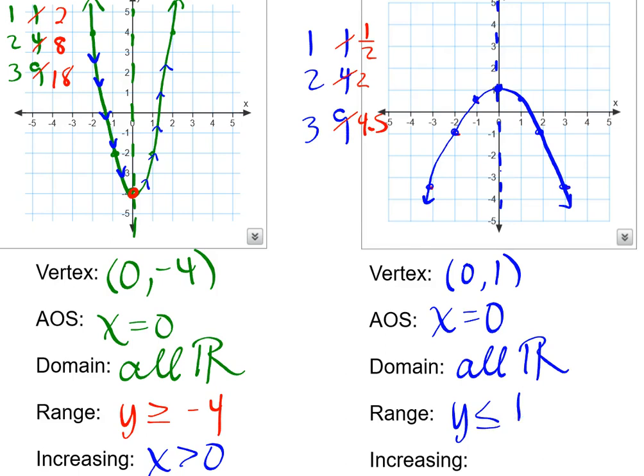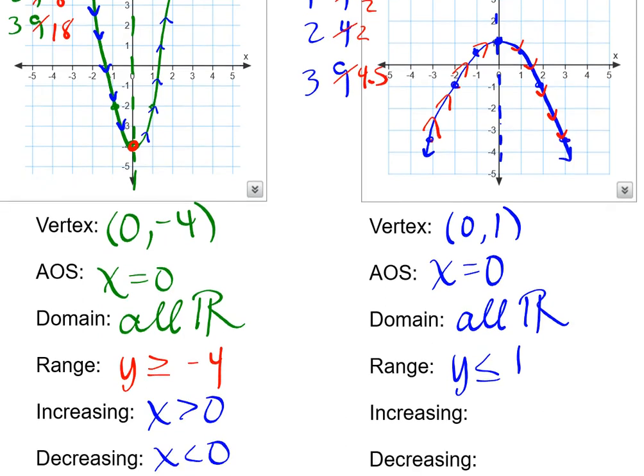As we read the graph from left to right, it is increasing until x gets to 0 at the vertex, and then it's decreasing where x is greater than 0. So it's increasing for x values that are less than 0, and it's decreasing where x is greater than 0.